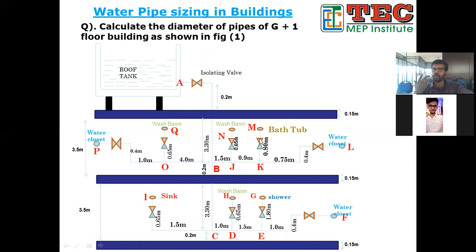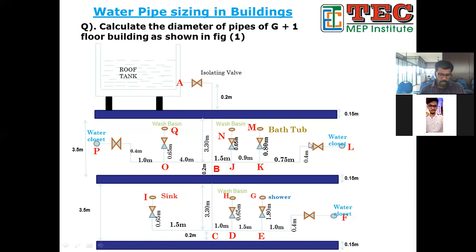For example, by the loading unit method, we have found out all these pipe sizes. So here we are not trying to find the pipe size, but rather we are going to find out the head, the total available head.